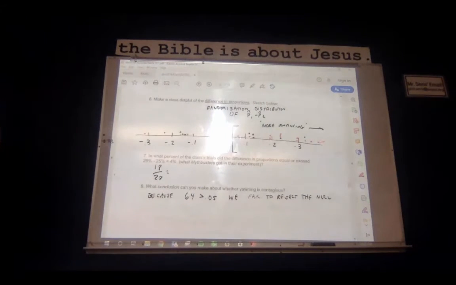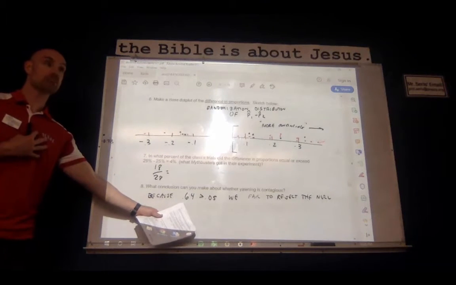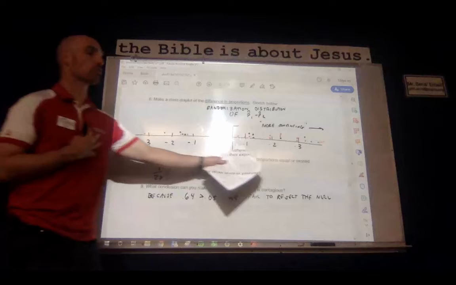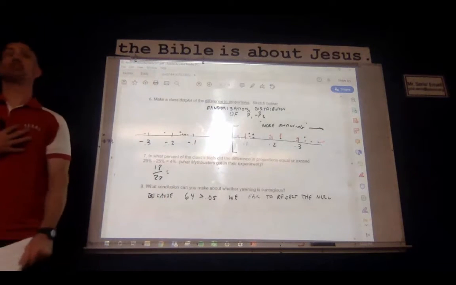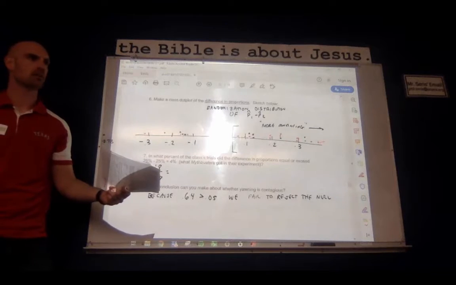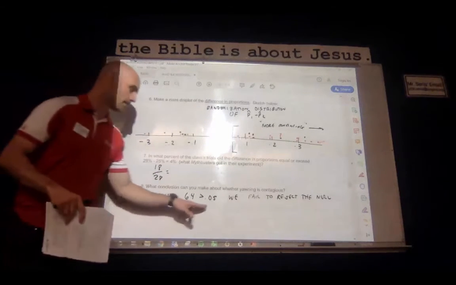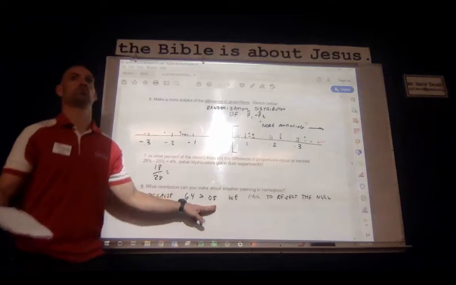Okay? So we fail to reject the null because there's a big chance in our data that we got 0.04 or greater purely by chance. So it could have just happened. Does that make sense? Are you with me on that? So 0.04 could have just happened by chance. In fact, compare that to the 0.05.